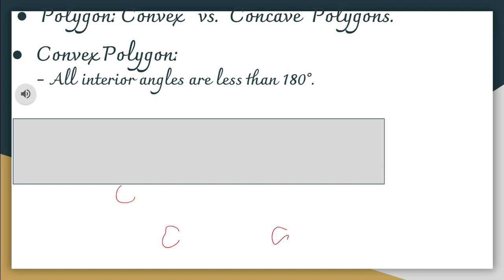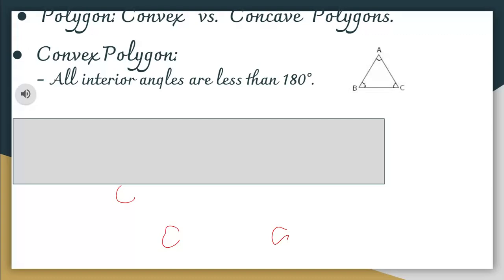So when we say anything less than 180 degrees, this could be an acute angle, maybe an obtuse angle, or maybe a right angle, isn't it? Because these angles are all less than 180 degrees. Let us look at some examples of convex polygons. This is a triangle. All of the interior angles are less than 180 degrees, right?